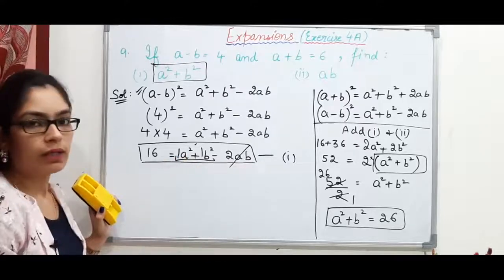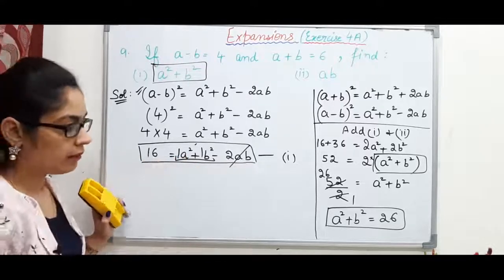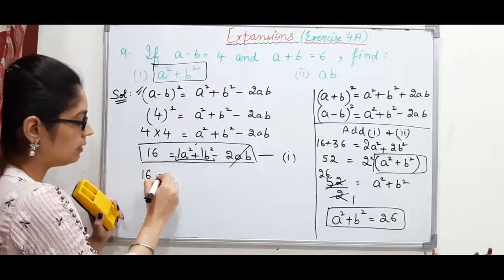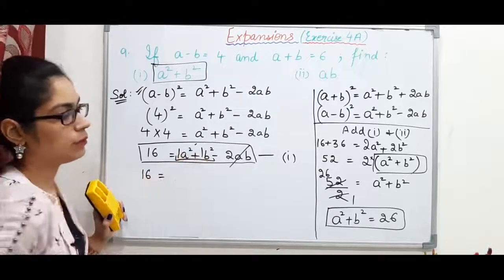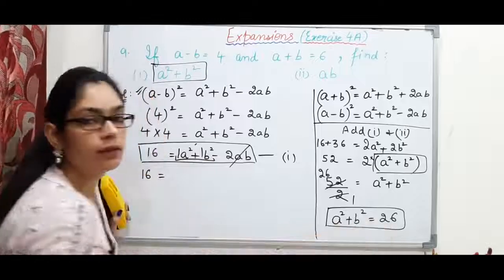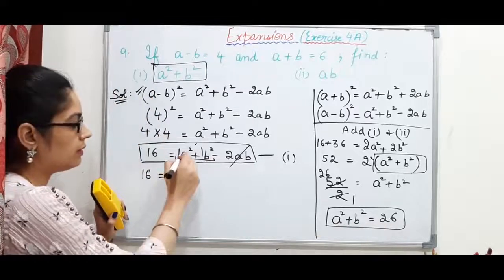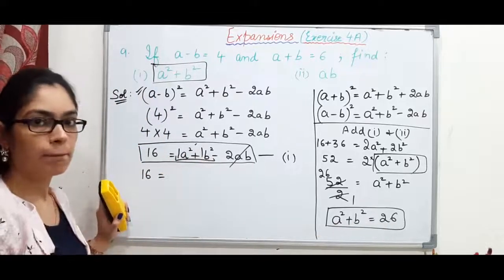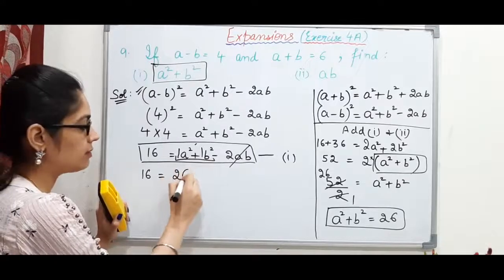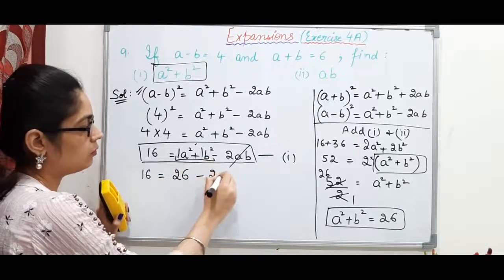So 16 is equals to a square plus b square. A square plus b square is 26. So here in place of a square plus b square, I will write 26 minus 2ab.